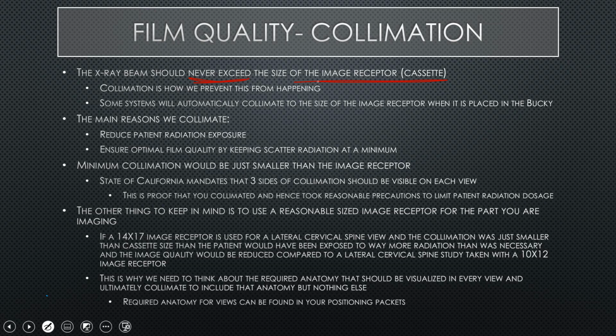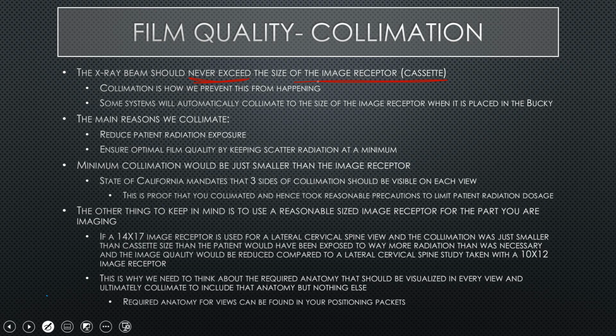And if it's collimated tight enough, you could get even better film quality and keep scatter radiation to a minimum. So the minimum collimation would be just smaller than that image receptor. So again, you don't want to go beyond the parameters of the cassette itself.